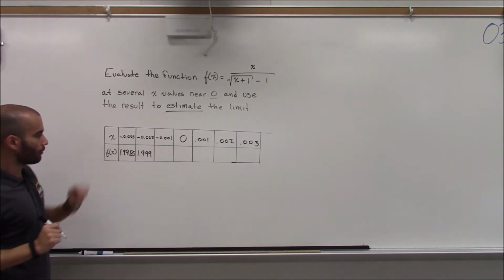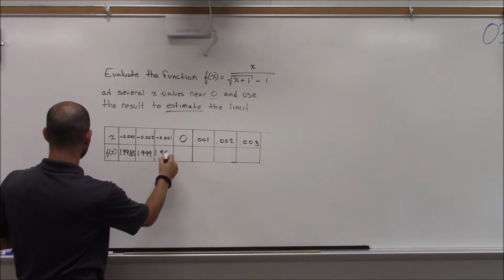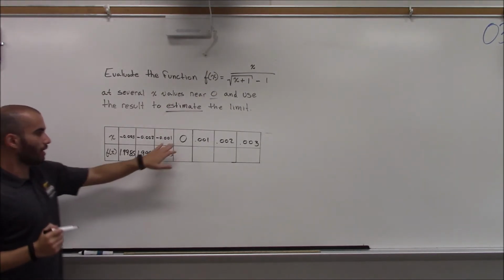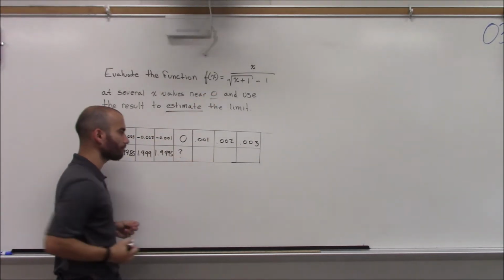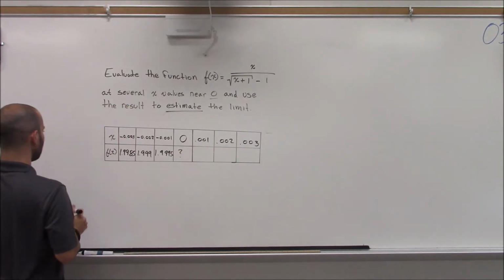Do the same thing for the other value, I get 1.9995. And now if I try putting 0, I'm going to get an undefined answer, so I'm going to put a question mark there. And then I'm going to do the same thing for the positive value.